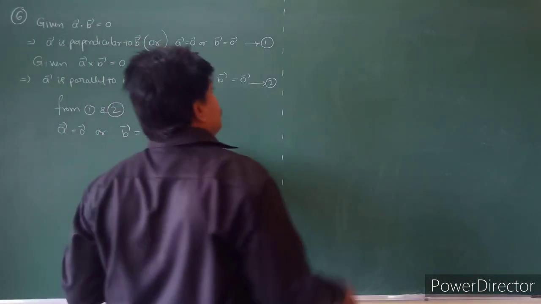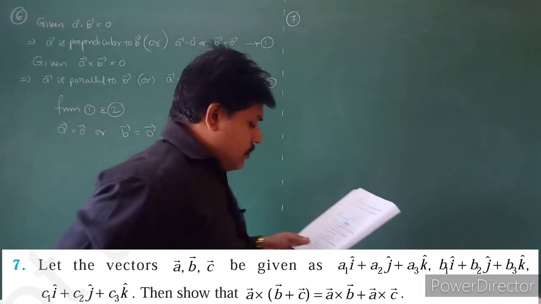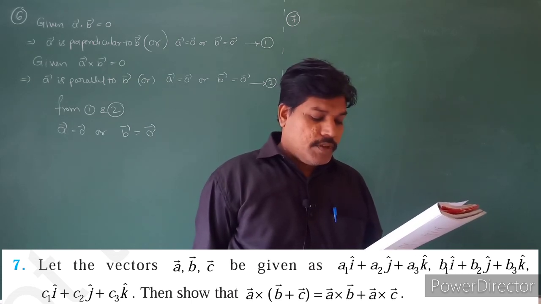Question number 7. See the question number 7. Let the vectors A bar, B bar, C bar be given.